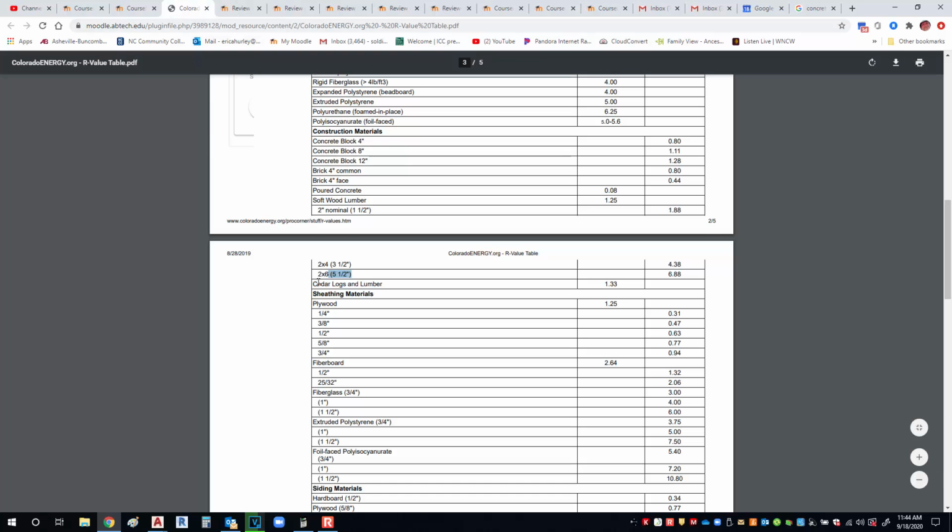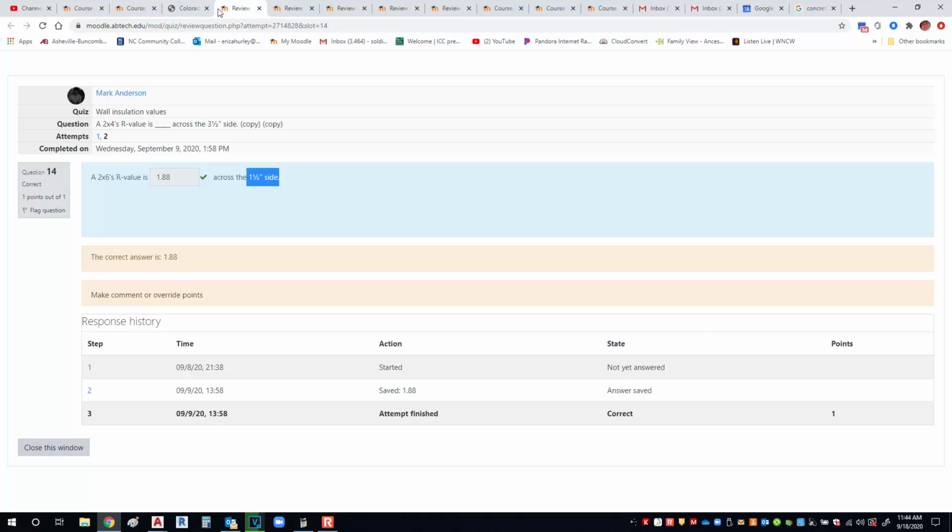Both a 2x4 and a 2x6 have the same nominal 1.5 inch side. So the answer to that question is 1.88. A lot of you ended up with that backwards. So make sure that across 1.5 inches, it's 1.88.